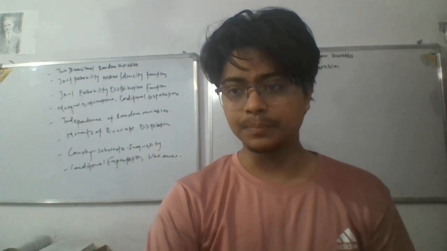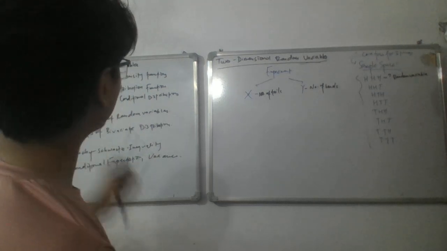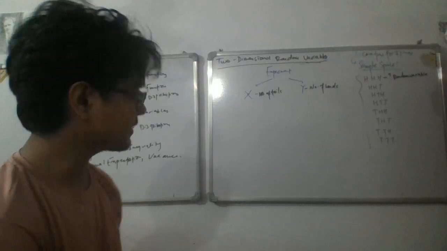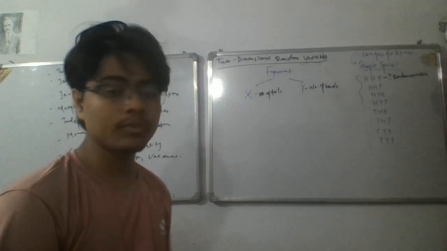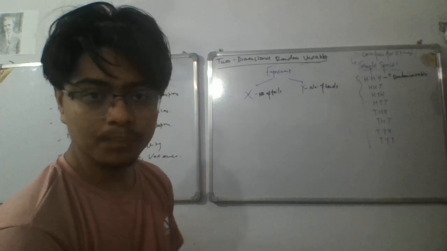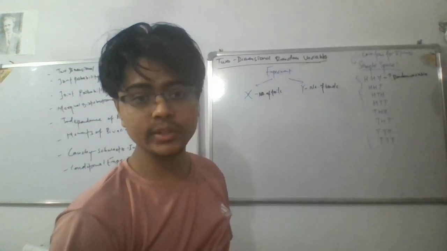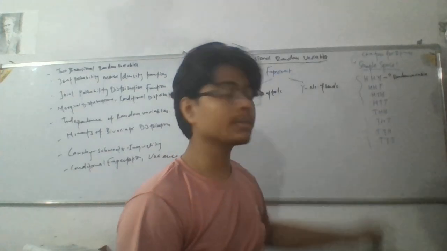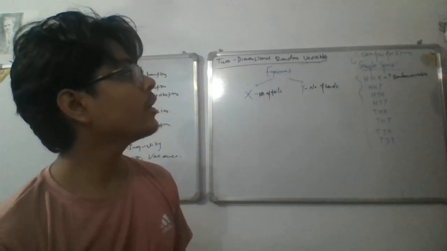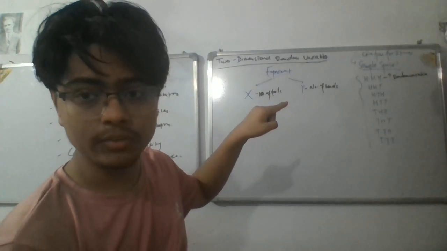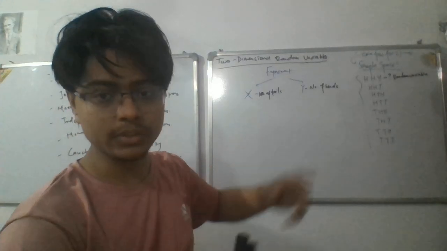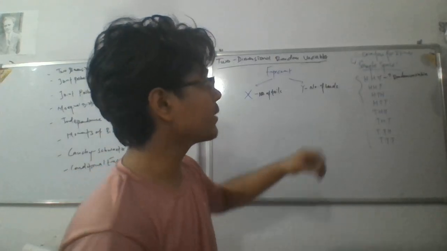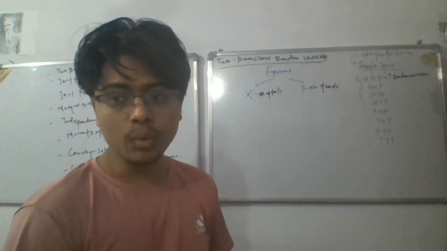So let's discuss two-dimensional random variables. For understanding that, let's take an example which has two variables. For example, we take a coin toss 3 times as an experiment, and we get a random sample as this. Now, if we want to assign a random variable to each of the outcomes, what can we do?